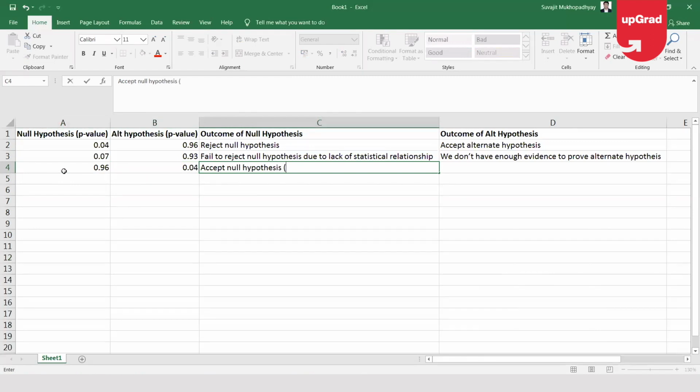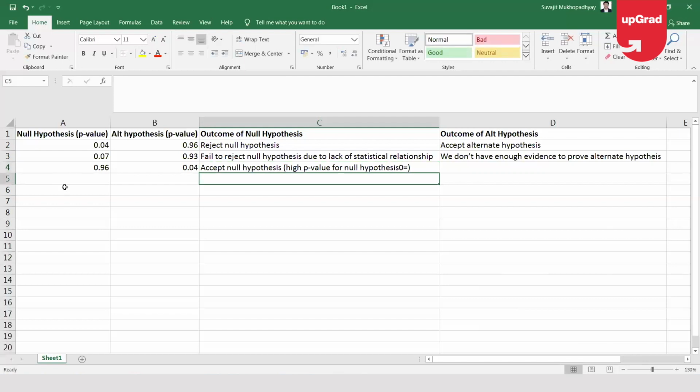Why? Because we have a high p-value for the null hypothesis. In this case, the p-value of the null hypothesis is very high, 96%, right?